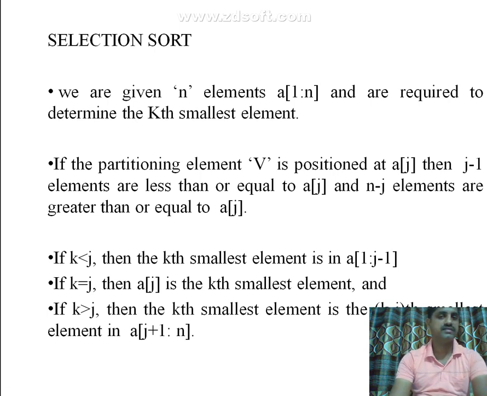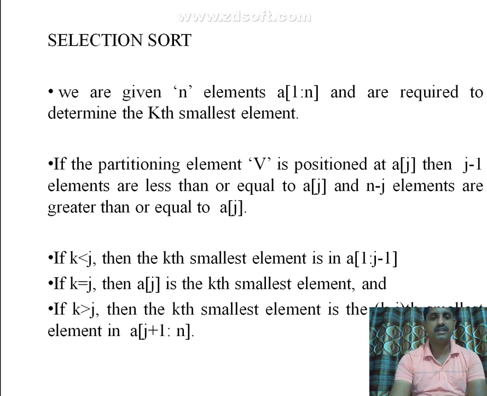Okay, see here, we are given n elements, e of 1 to n, and are required to determine the kth smallest element. If the partitioning element v is positioned at e of j, then j minus 1 elements are less than or equal to e of j, and n minus j elements are greater than or equal to e of j.